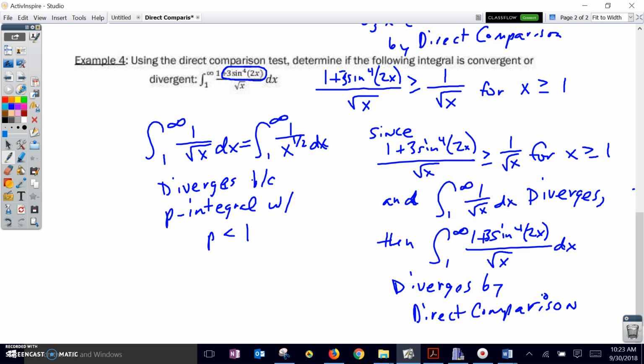It takes a little bit of perseverance when you're first getting used to these, but as you do more and more practice with them, you should get better at determining what would be a good function to compare to, and you're trusting your gut about whether the original function converges or diverges.